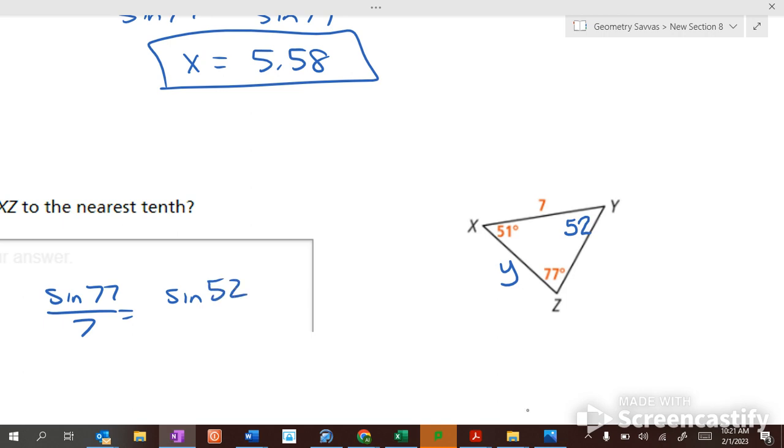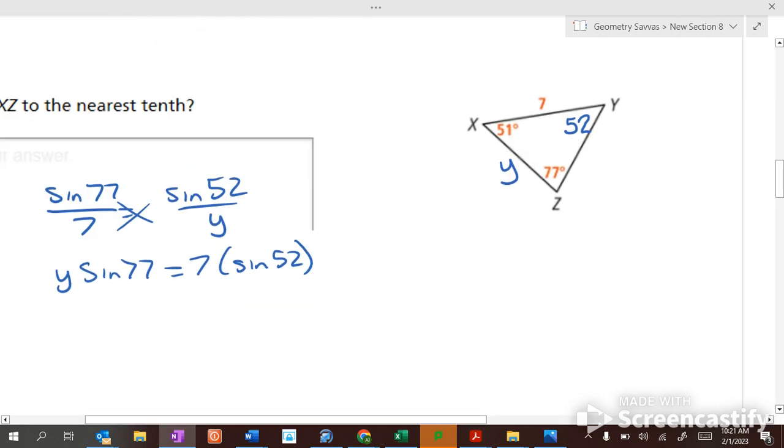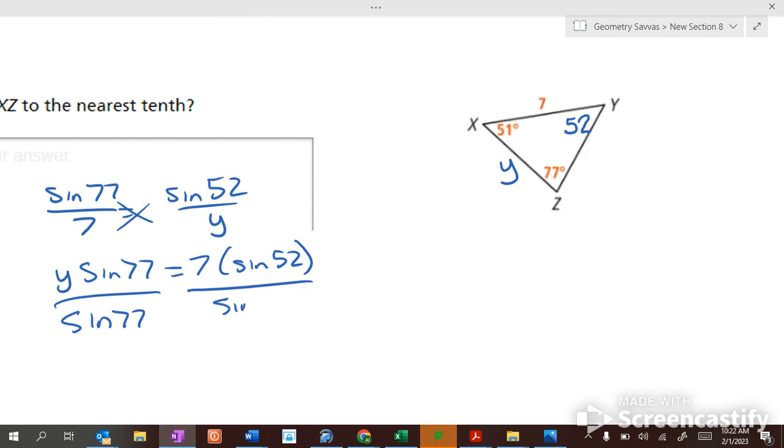So it's the sine of 52 over Y. So if we cross multiply, Y times the sine of 77 equals 7 times the sine of 52. So you take 7 times the sine of 52, press equals, and then you're going to divide by the sine of 77. 5.66.